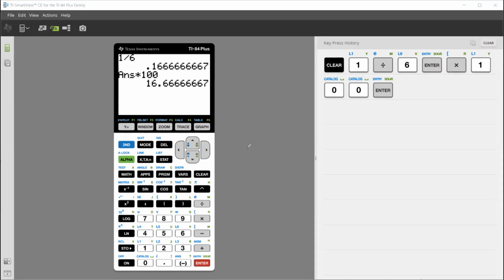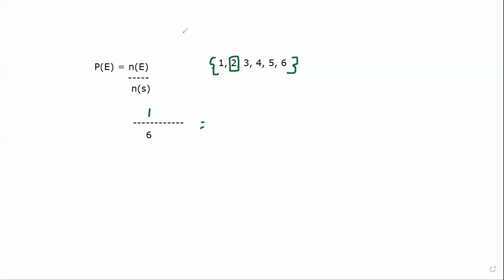So we would write this as 0.1667, and this would be 16.67 or 16.7%, depending on how many decimal places she wants.